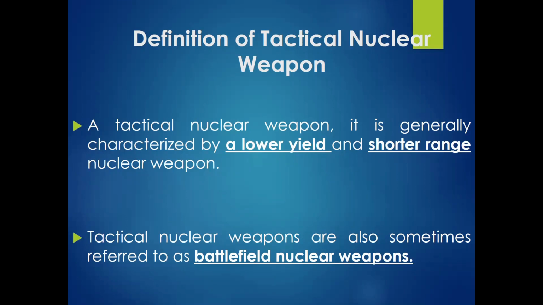Plus, it has a short range because it is considered a battlefield nuclear weapon, which means that you have to deploy it on the battlefield. So you can easily target the incoming forces who are going to attack you on the border.